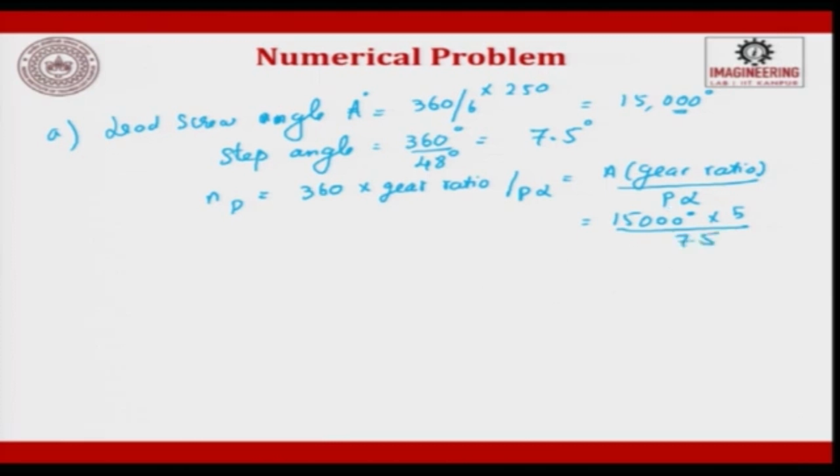So, this will lead to 10,000 pulses. Let us try to solve B.